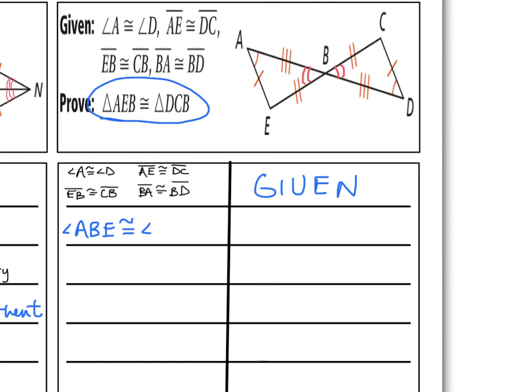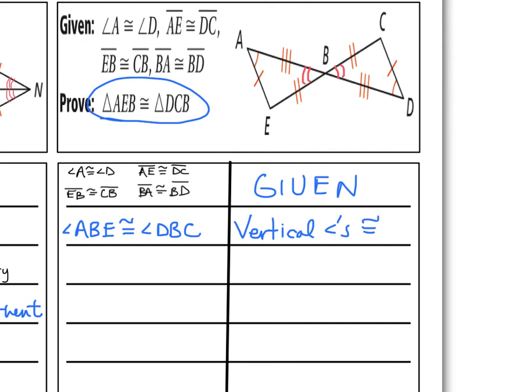If I go ABE, I went 1 to 3 to 2. I have to go 1 to 3 to 2, so it's going to be DBC. And why are they congruent to each other? Because they are vertical angles. So vertical angles are congruent.